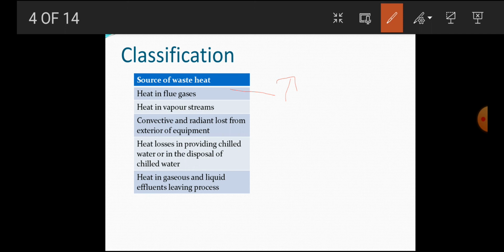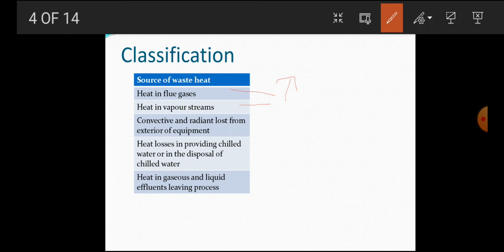Then heat in vapor streams: as above, the temperature is high, so the potential for waste recovery is greater. But when condensed, the latent heat is also recoverable. That is an additional advantage.